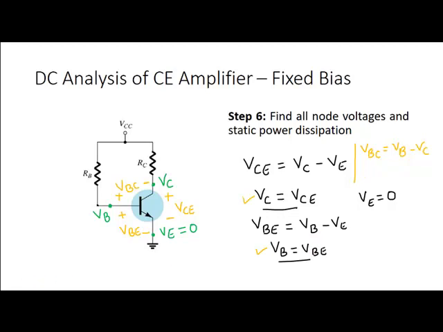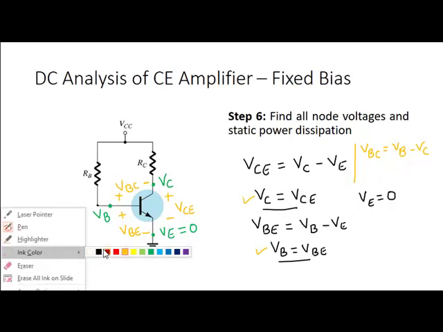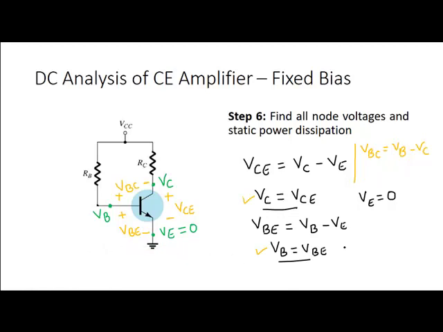Once this is done, we can go ahead and calculate the static power dissipation of the transistor. Static power dissipation is denoted as PD. Power is voltage times current. So the static power dissipation of the BJT is given by the voltage across the BJT, which is VCE, times the current flowing through the BJT, which is nothing but IC.